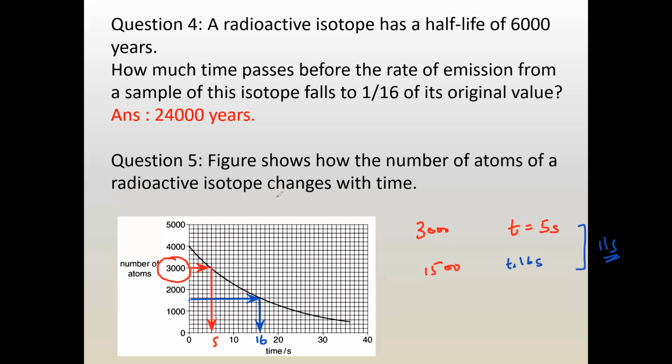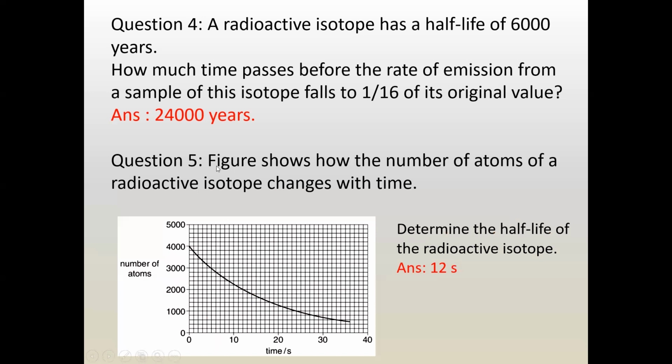The first one was coming out about 12. This is 11. So more or less, it will be the same. It won't have much difference. Maybe the line which I drew might not be accurate at 1,500. That's why I was getting 11, but the correct answer according to the graph should be 12.